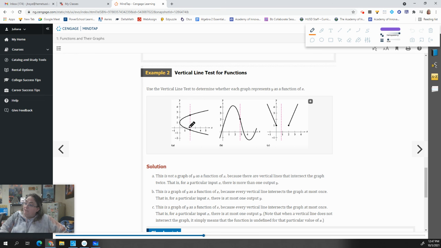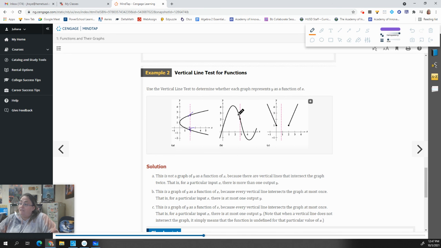So if it crosses at more than one point, it's not a function. That's the only piece of information you need. So A clearly is not a function, because it crosses here and it crosses here, right?